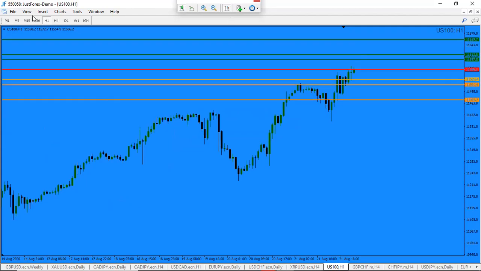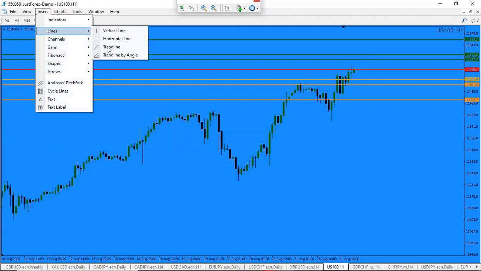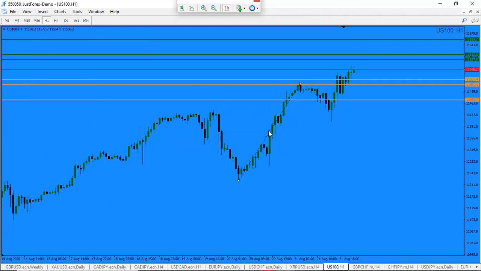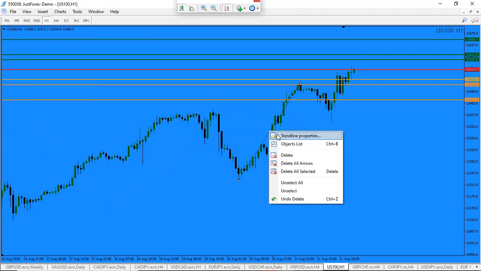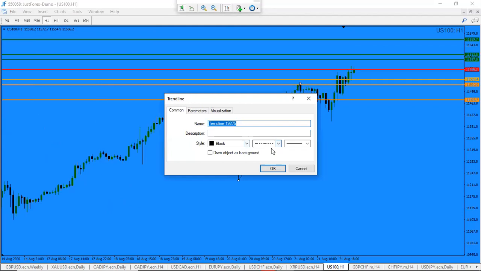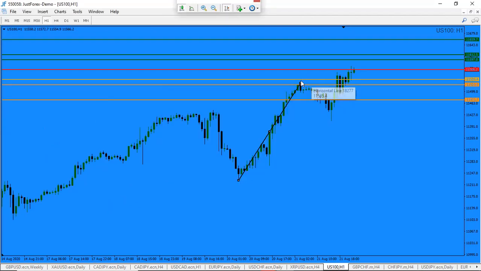So now you can just calculate the distance like this. Let me just make it thicker. This point up to this point must be equal to this point up to a certain point here. It can even trade above this level, guys. But for safety, these are levels that you have to pay attention to.